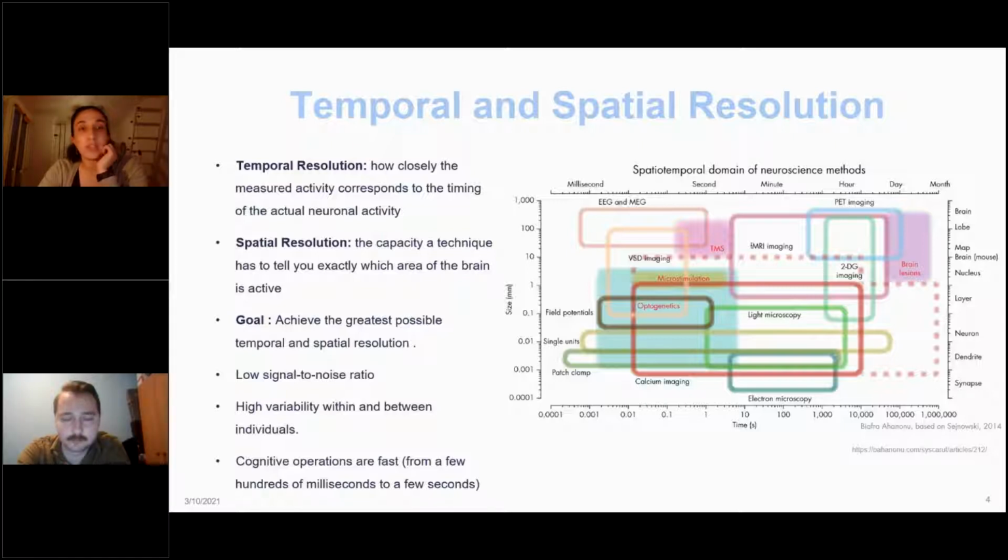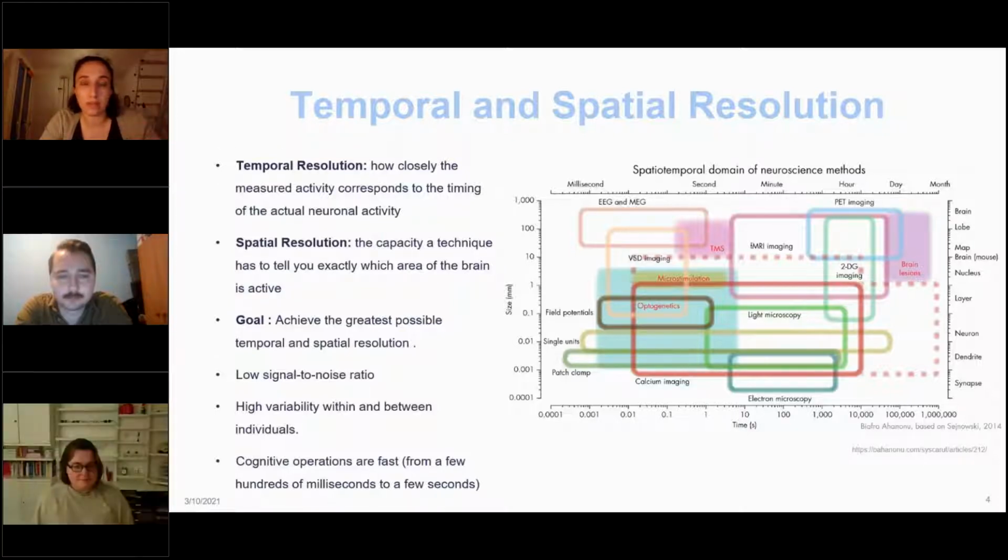I just have to mention that we are talking about cognitive operations, which tend to be really fast, and we are talking about milliseconds or maybe max a few seconds. And we are talking about neurons and sometimes even components of neurons, which are really small entities. So we want to be as specific as possible.